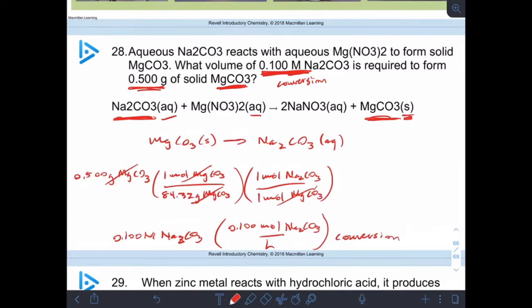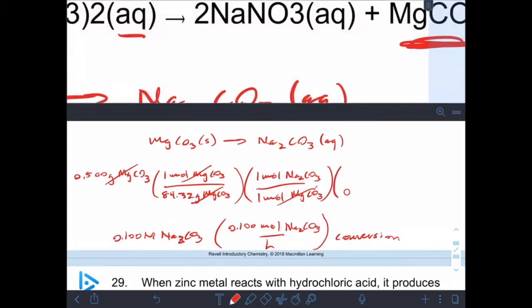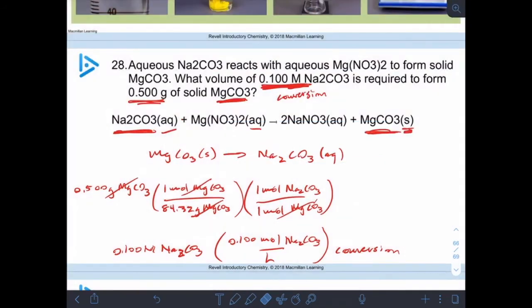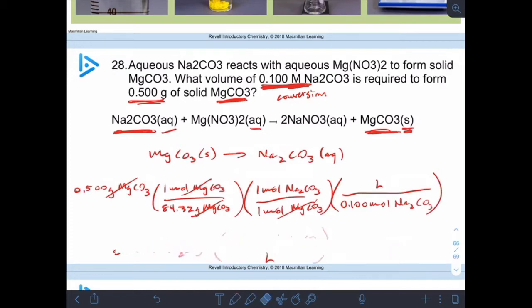So I'm going to write a conversion factor that gets rid of the moles of sodium carbonate. So I'll put the moles on the bottom, and put the liters on the top. Okay, so I'm going to erase this bottom bit so that I can write the answer.